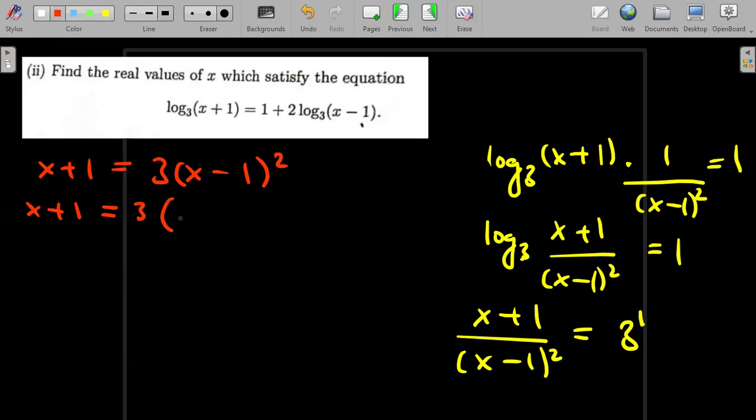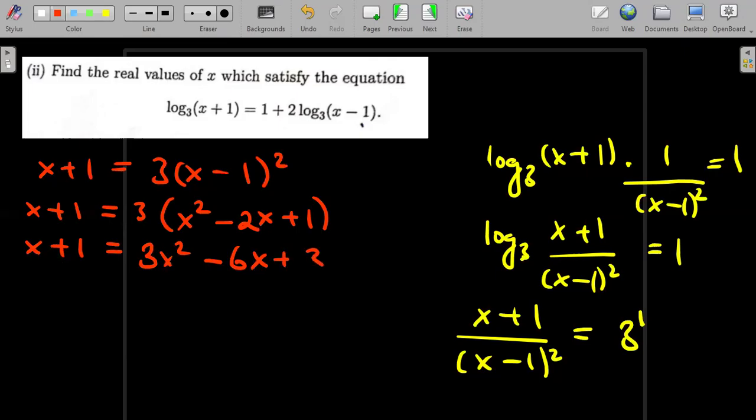I can expand that. I'll get 3 times x squared minus 2x plus 1, equal to x plus 1, so 3x squared minus 6x plus 3.